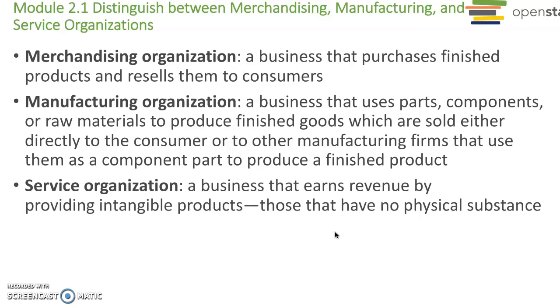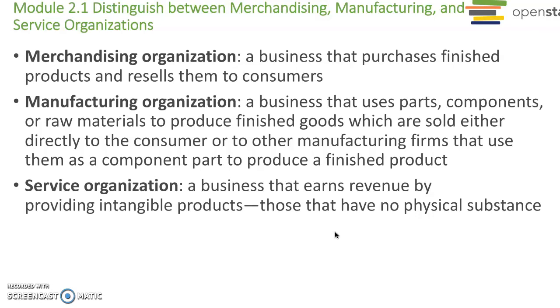Now, a merchandising company will purchase the finished goods either from a wholesaler or a manufacturing company, whereas a manufacturing company has to make the finished goods from scratch and then sell it either directly to customers or to wholesalers and retailers, or a combination of all.